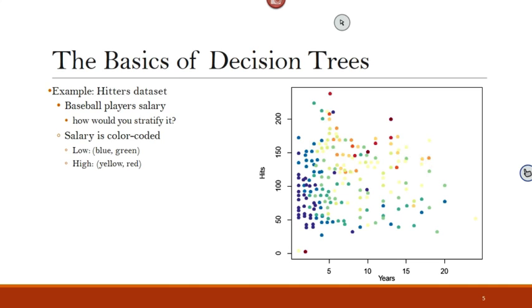Where it will make it easier for you to distinguish between low salary and high salary for those players. So you need to think of a predictor that you will select, just one of those two, and a split that you need to make to draw the cut in here, right? To draw the line that can separate the high salary from the low salary.